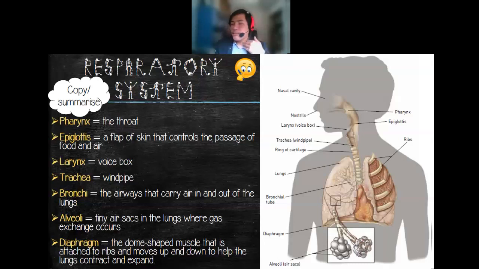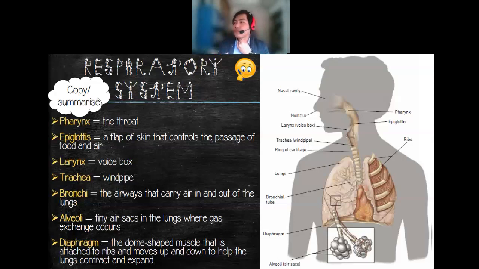It makes sure that when you eat, food doesn't go into your lungs, your airway, and block it. And then you've got the larynx, which is your voice box.